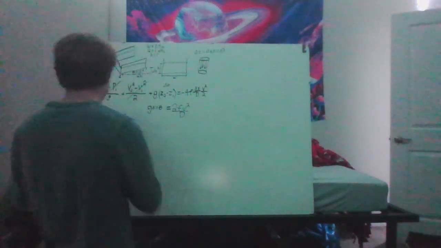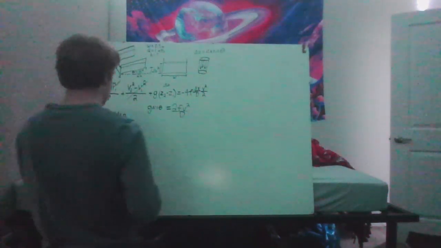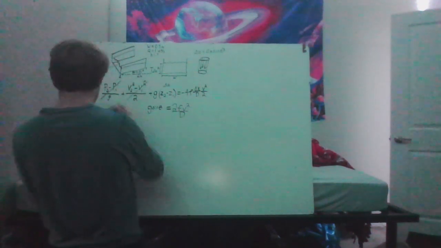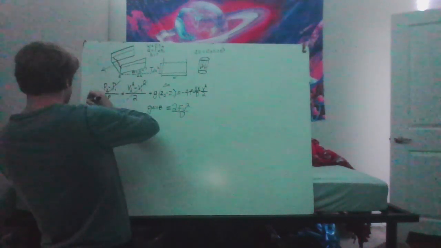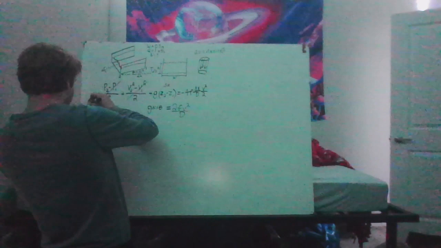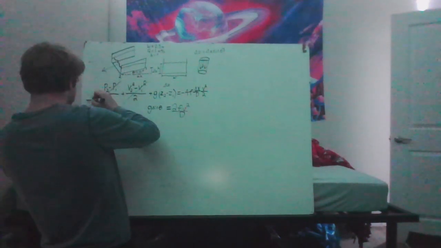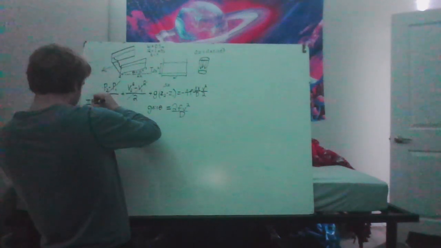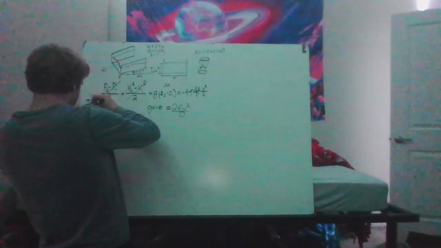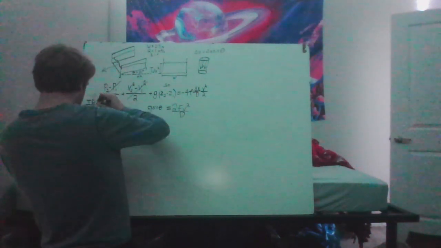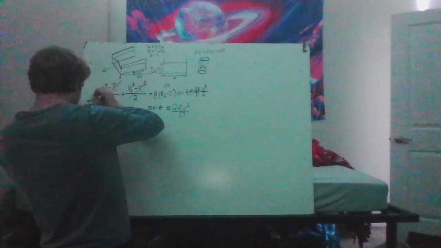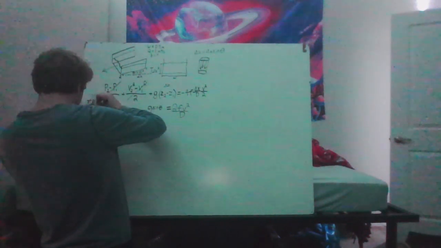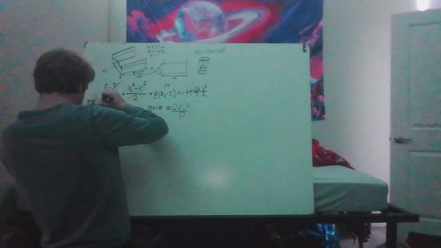So now we can find what this wetted perimeter over area actually is. For a wetted perimeter, that would just be the circumference pi times d, and then over the area, pi d squared over 4. And that'll just simplify out to 4 over d.